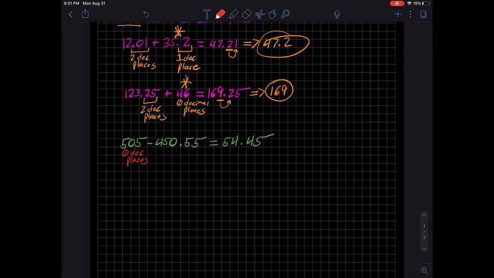I accidentally picked Christmas colors. In the second number, we have 2 decimal places. So based on the least number of decimal places, it's going to be 0 decimal places. Meaning, again, we're going to round right before the decimal place. We look right after and we see it's a 4. A 4 is going to round down, which means our final answer is going to be 54.